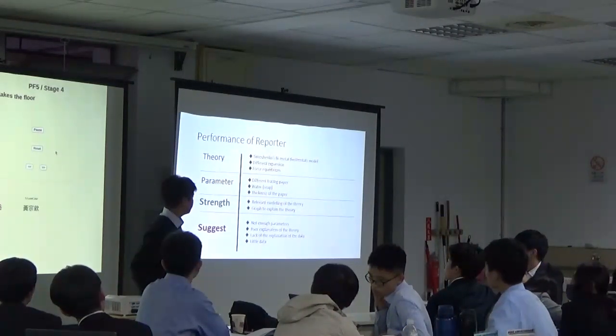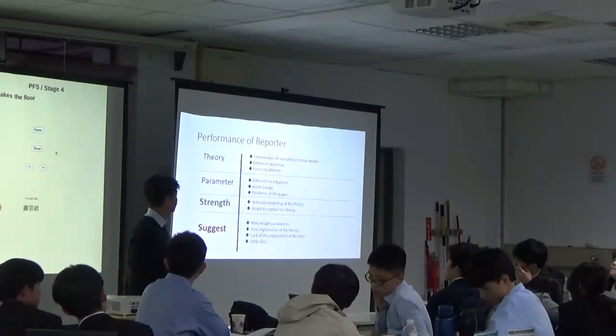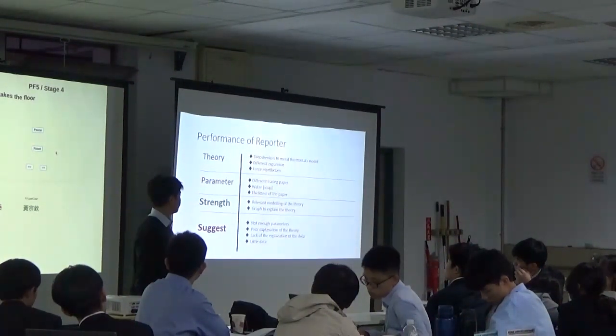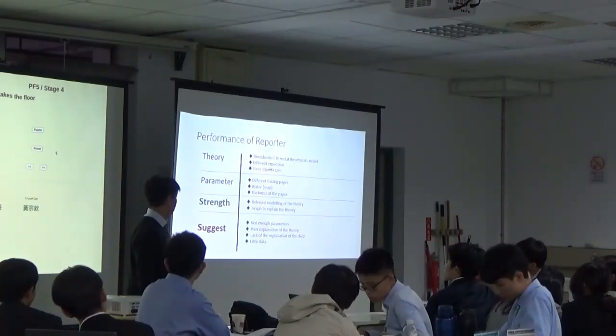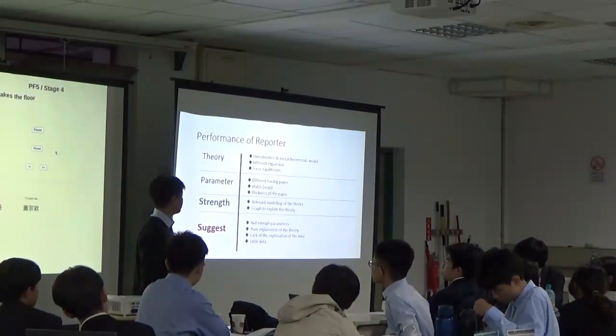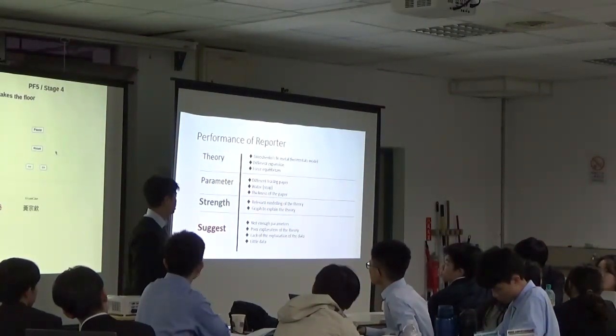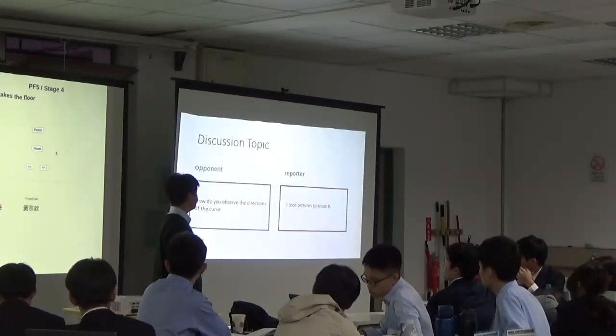As for parameters, they tried different tracing paper, different surface tension, and thickness of the paper. As a strength, they are good at modeling the theory and using graphs to explain it. As a suggestion, I think they can get more parameters and give more explanation of the theory and of the data, and the data is a little bit split.